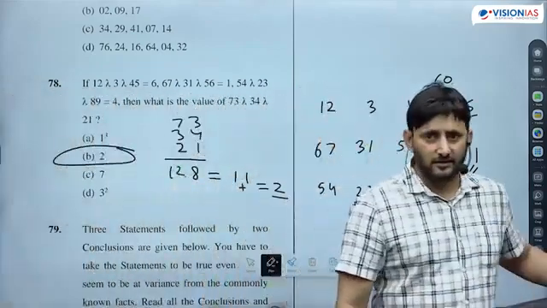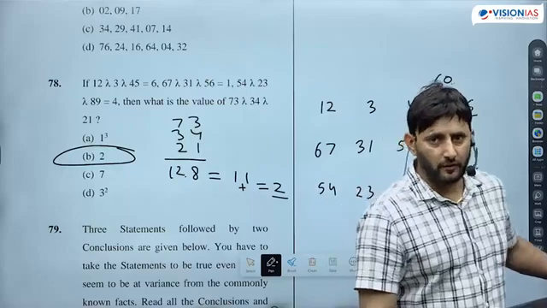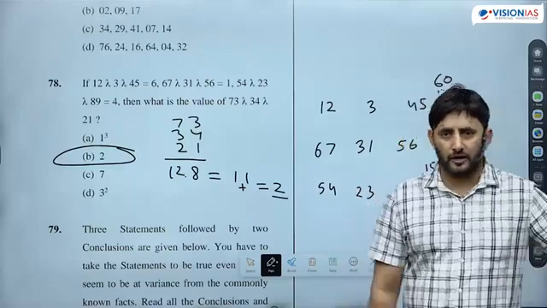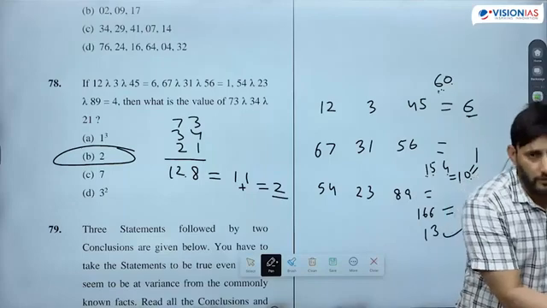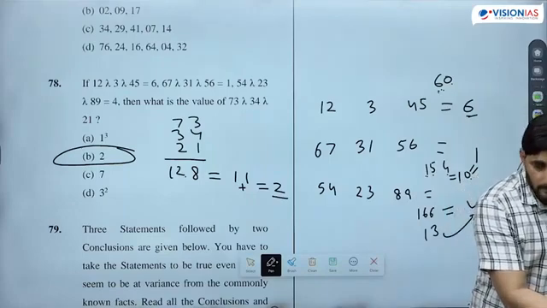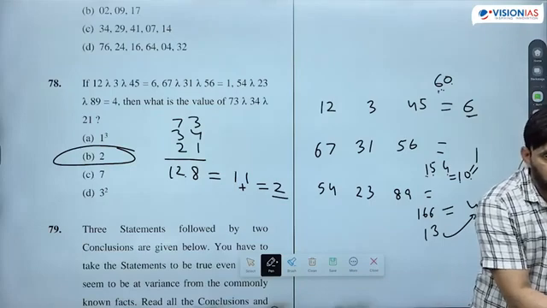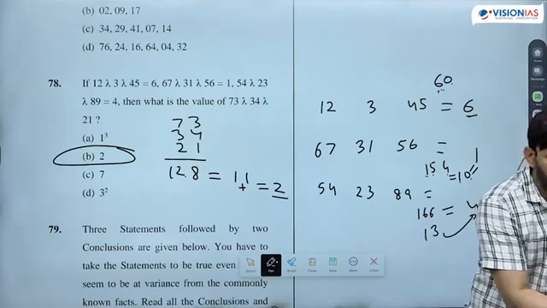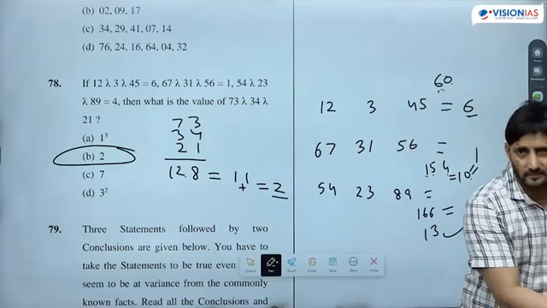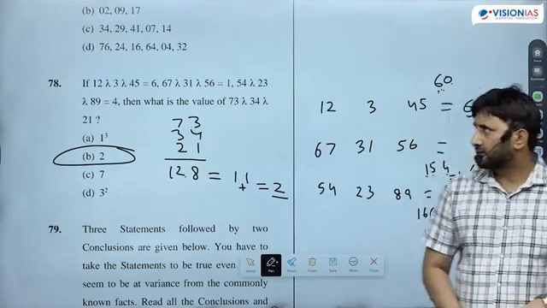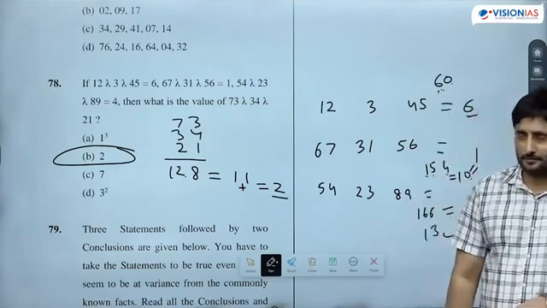Digital sum always gets a value from 1 to 9. You keep on adding till you get the value from 1 to 9. ठीक है बच्चे?